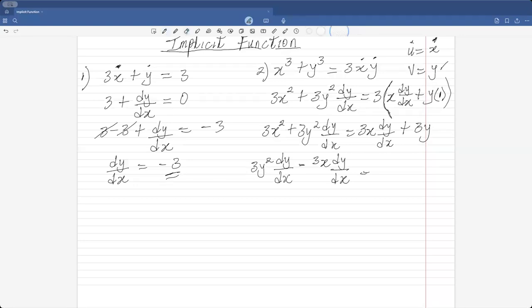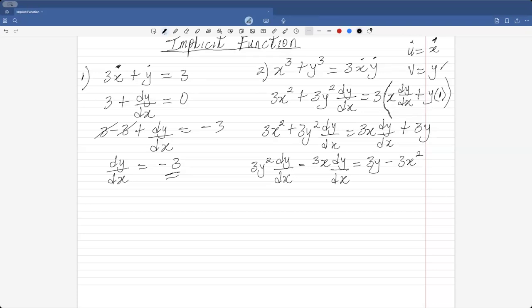I think there's a shift in here. Equals 3y minus 3x squared. We go further by saying we can factorize both sides.